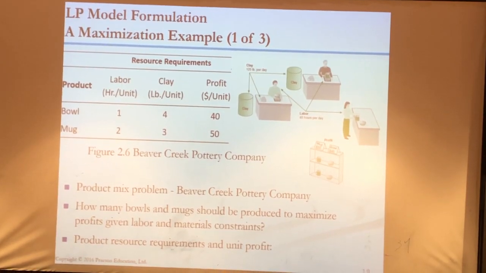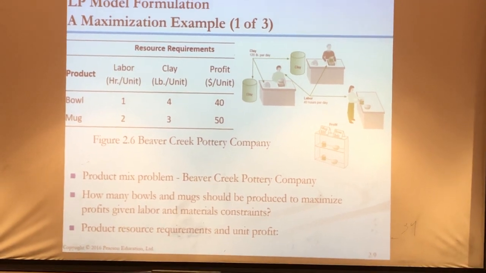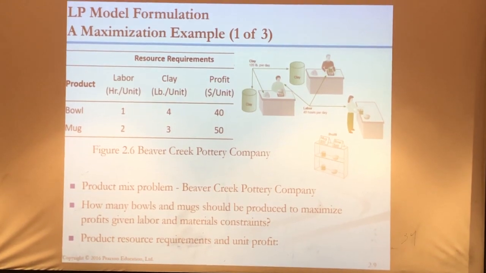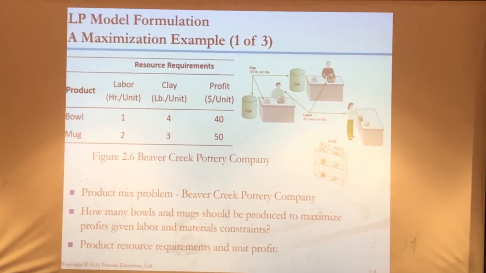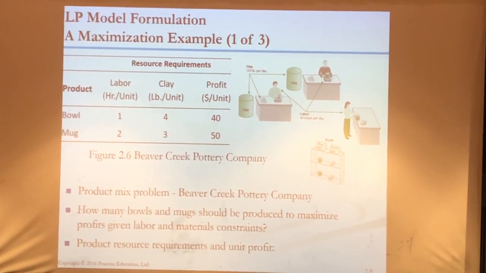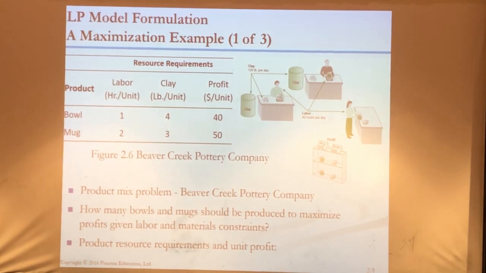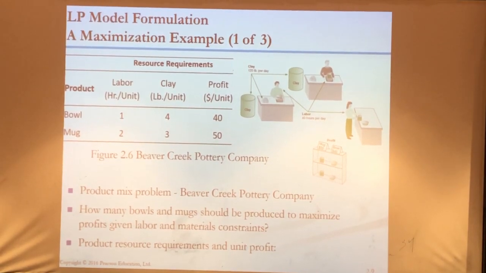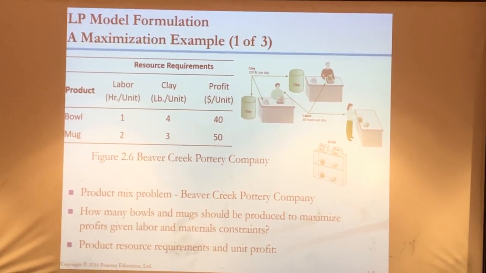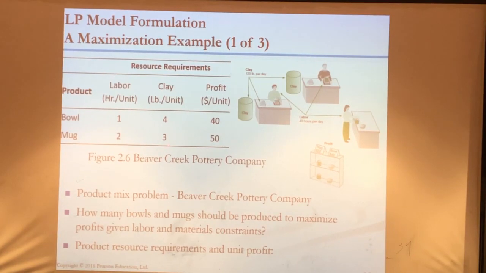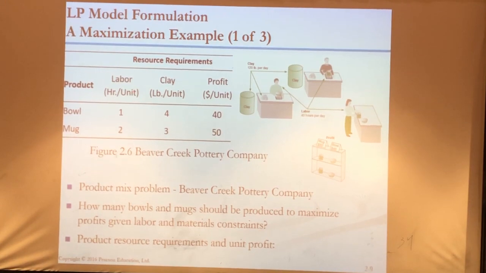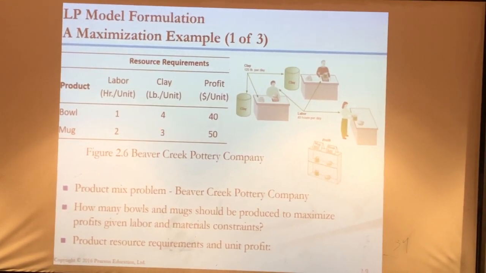Very expensive kind of mugs and bowls. This is a product mix problem. Most of the time, linear programming is used for that purpose. How many bowls and mugs should be produced to maximize the profit given labor and material constraints? On the right hand side, how many labor hours are available to us and how much clay is available to us.